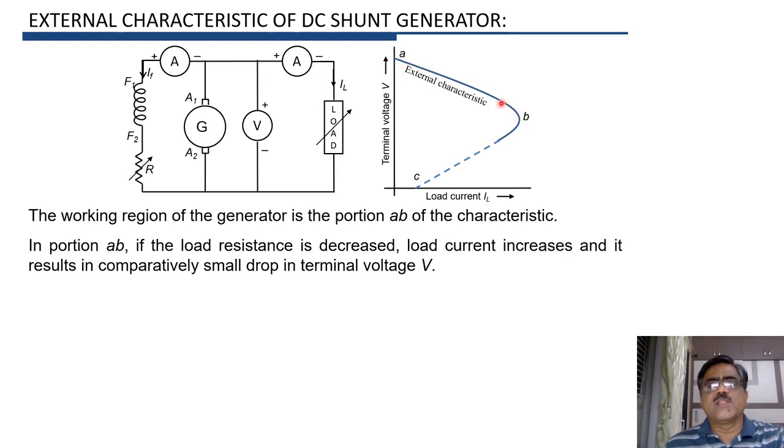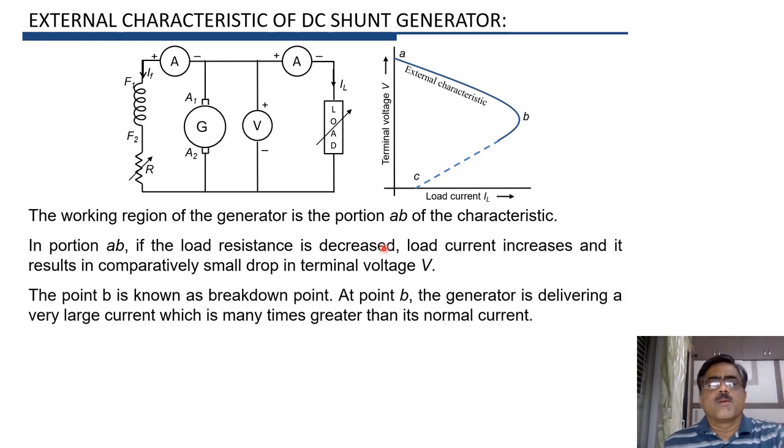So in region AB, with increase in load current IL, there is a small drop in voltage V, and as load resistance is reduced, load current increases. So this point B is called the breakdown point.